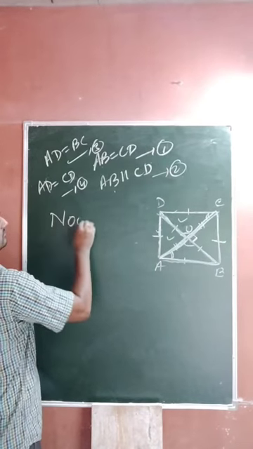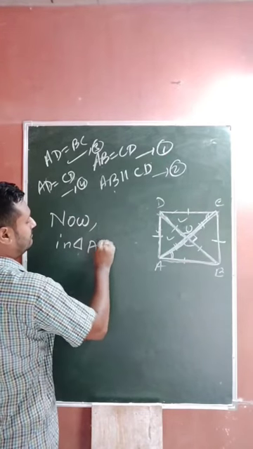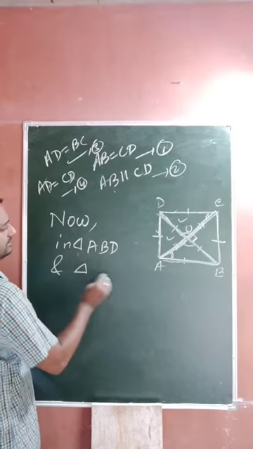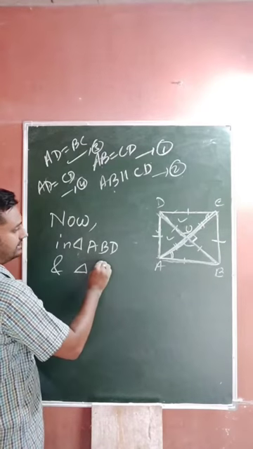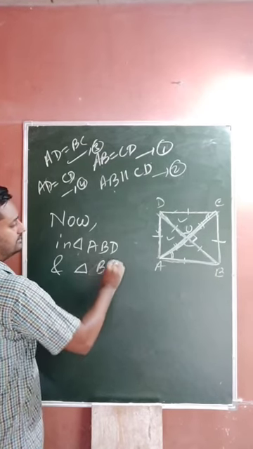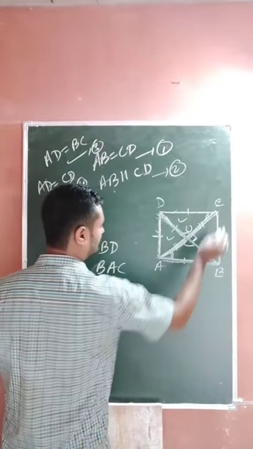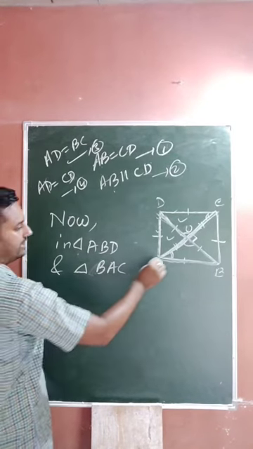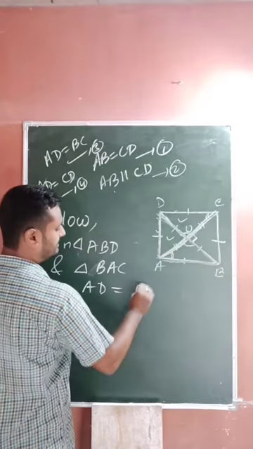Now in triangles ABD and BAC, in the case of ABD, AD is equal to BC.